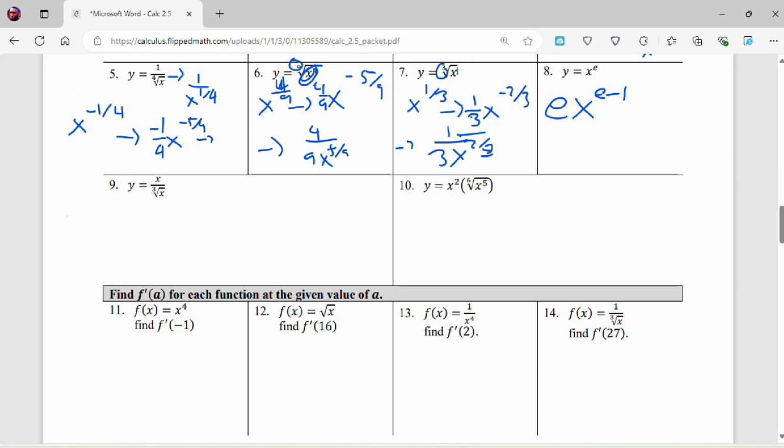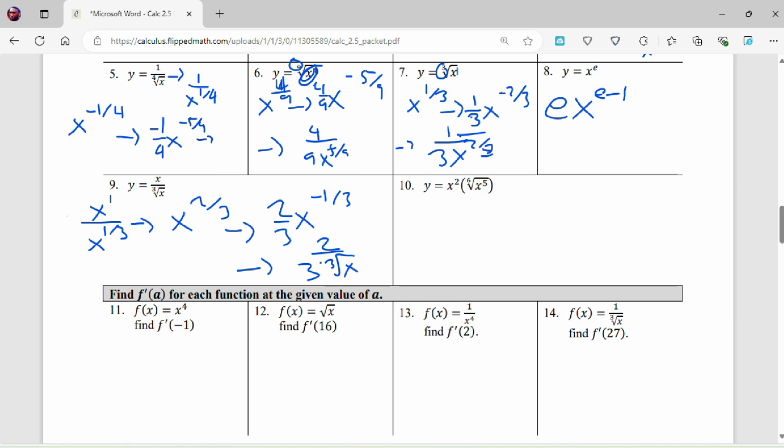So x to the 1, and then we know that cube root of x is x to the 1/3, and so we just subtract the powers, right? 1 minus 1/3 is 2/3. Now it's in x to the n form, so we can move the 2/3 down there. 2/3 minus 1 is negative 1/3. We write this as 2 over 3 times cube root of x.